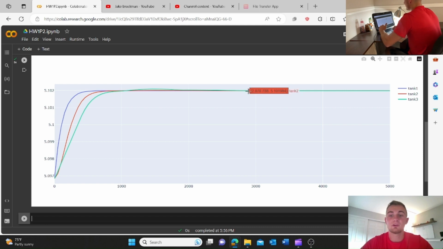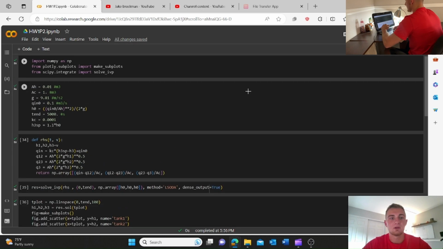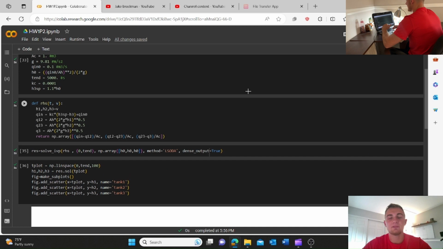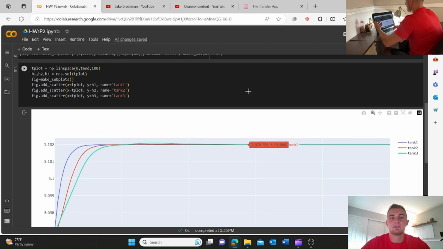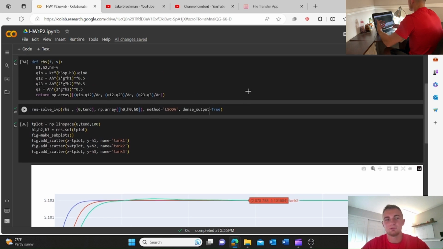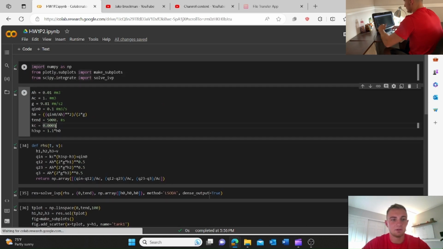We're much farther away from our set point. We're only getting to 5.1, and we started at 5.06. So with a lower KC value, you're going to correct less, which is a good thing because you don't want to overshoot and have all these oscillations in your process. But you're not going to get to your set point as closely as you would if you did a larger value.